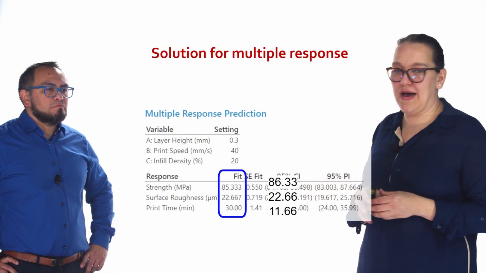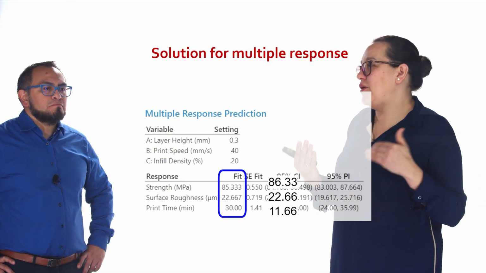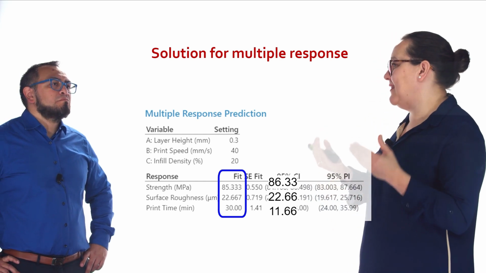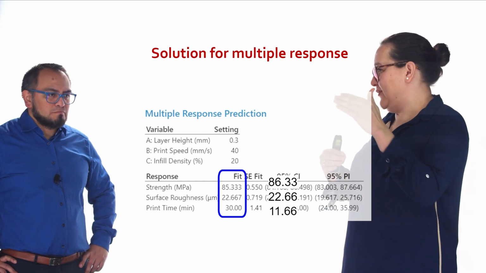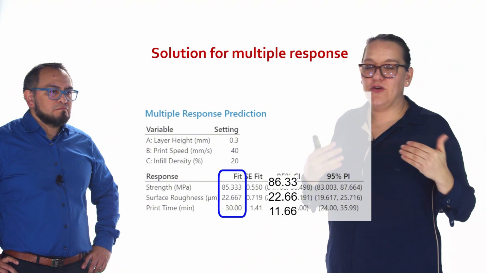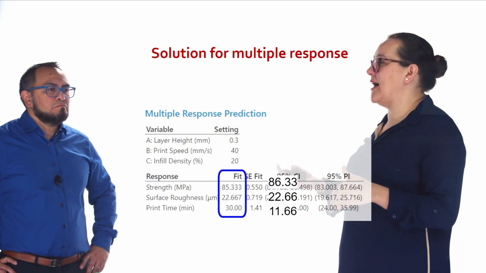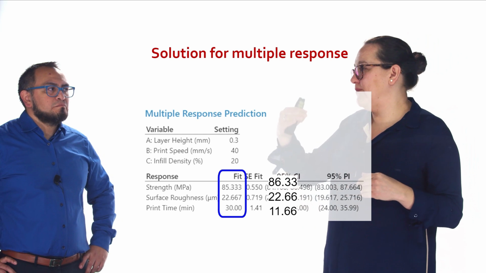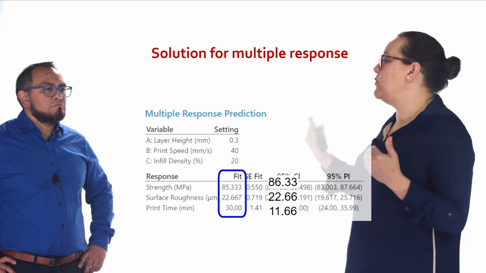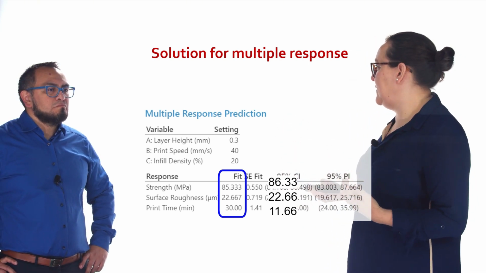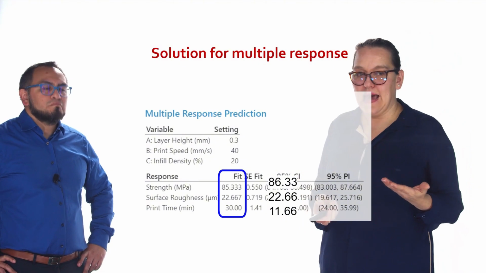So it's quite higher, but that's because we specified it was half of the others in priority. If you think 30 is too high, maybe you can go back to Minitab and specify a priority for the print time like 70 or 80, and it will generate a different solution based on that.